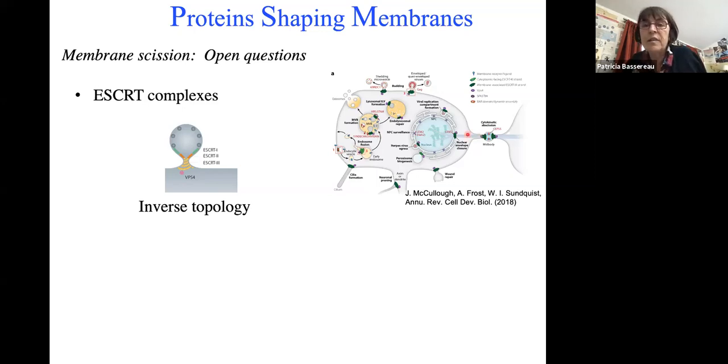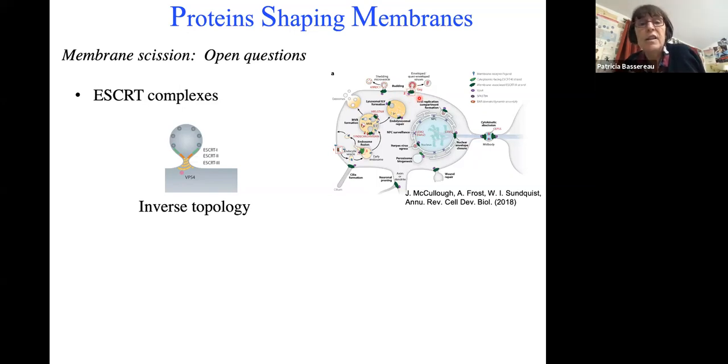But also at the plasma membrane. Right now people are very excited about viruses for different reasons. But the HIV virus, when it has been replicated in the cell, needs to be enveloped, and the last step of the process before it leaves the cell and infects other cells is the scission.